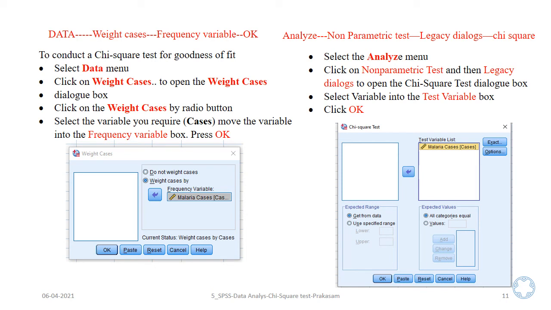From that you bring the malaria cases, which is the data we have given, into the test variable list, then select all categories equal and click OK. Here you are assuming that the malaria cases will be equally distributed in all the wards, as the average of all the values. From that it will calculate the chi-square.